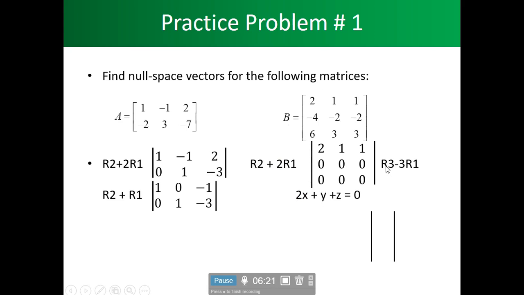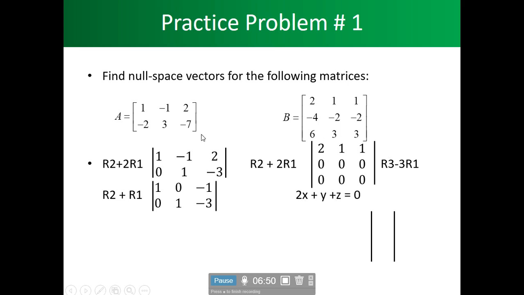Now if we multiply row 1 by 3 and then subtract it from row 3, we get 0, 0, 0. Okay, so what we have left is these are trivial. These don't mean anything. These give us no information. This is the only row that gives us any information. So this tells us that 2x plus y plus z equals 0.